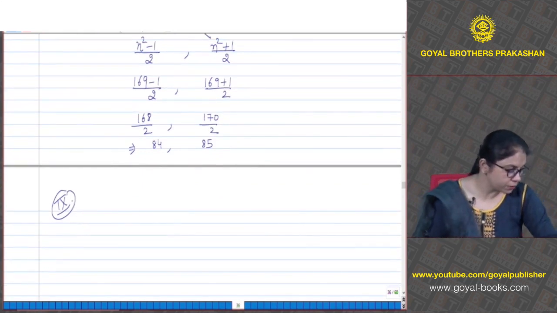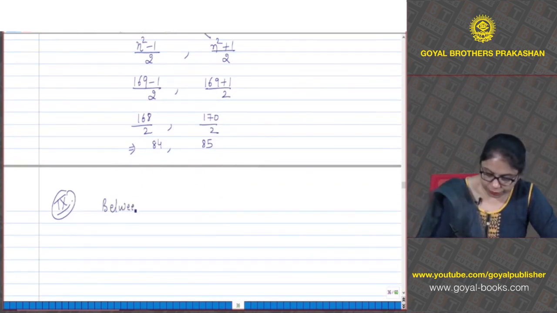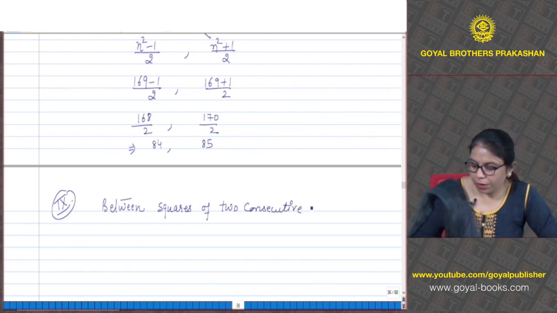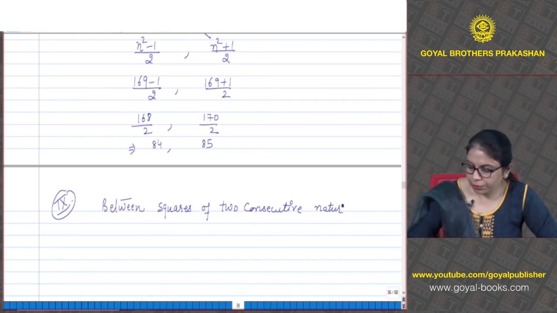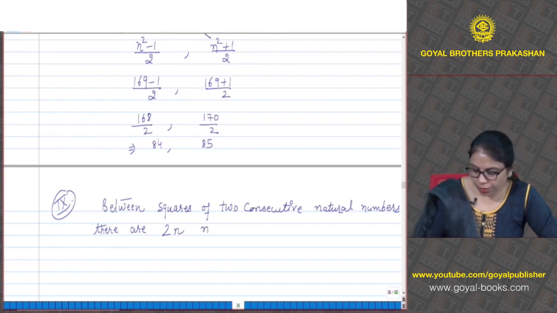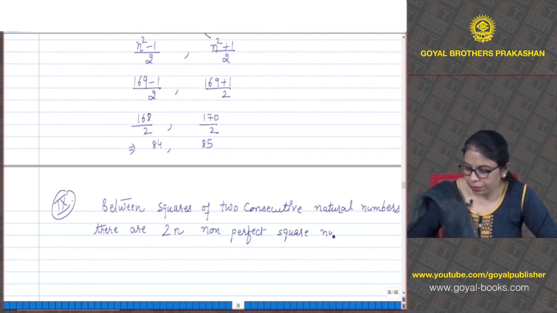Our next property is between squares of two consecutive natural numbers, there are 2n non-perfect square numbers available.